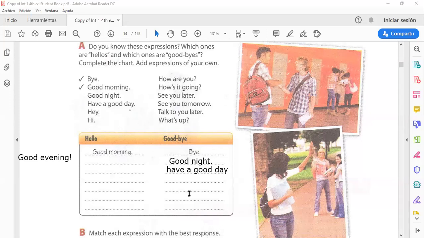So next word, hey. What is hey? A way you say hello or a way of saying goodbye? Very good. And hi? Pretty simple. Hi. How are you? How are you? And how's it going?